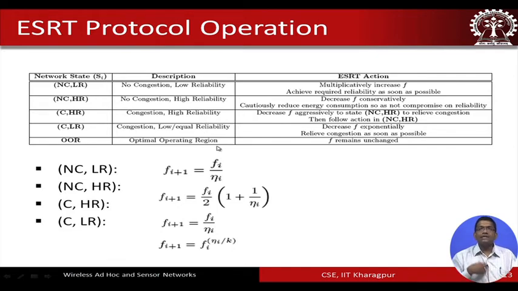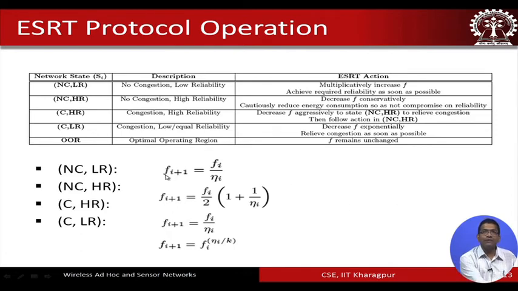How these prescriptions are obtained, the analysis of it, is there in the ESRT protocol paper, whose reference is given at the end. These are the different formulas which capture the actions of the ESRT protocol corresponding to the different states shown here. F is the reporting frequency.